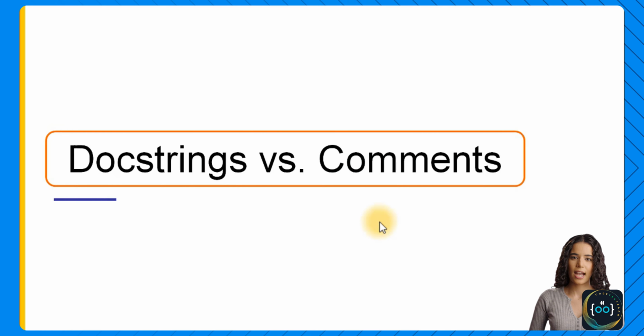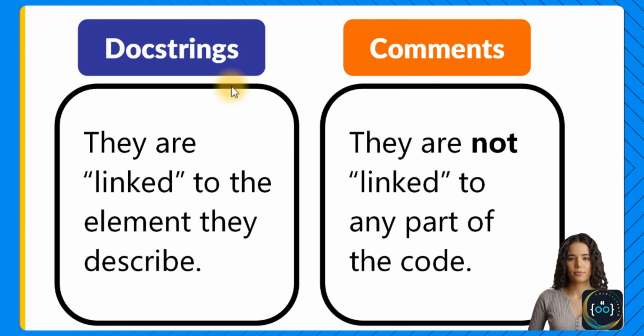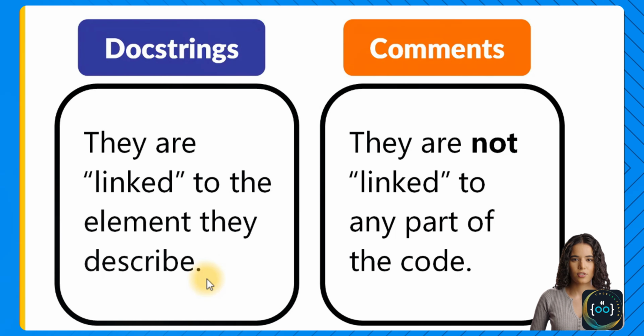So now let's see the difference between docstrings and comments, because they actually start to sound very familiar, right? Well, one of the main differences is that docstrings are linked to the element that they describe. We will see an example of this during the section. And comments are not linked to any part of the code.